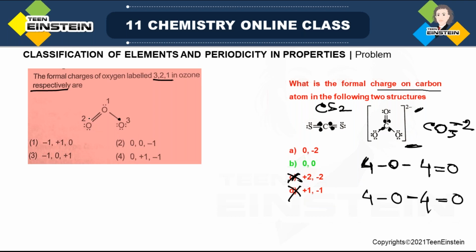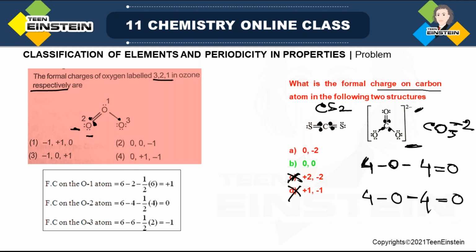So oxygen is using only 2 electrons in these 2 bonds. And out of 6 valence electrons, 2 are used in bond formation, the rest of the 4 are present as non-bonding in the form of 2 lone pairs. Come to the middle oxygen. Middle oxygen has a total of 3 bonds. That means out of 6, it is using 3 electrons in these 3 bonds. Fine.